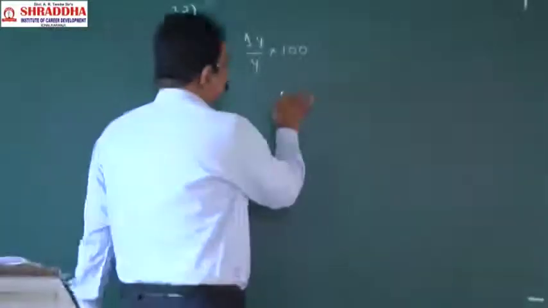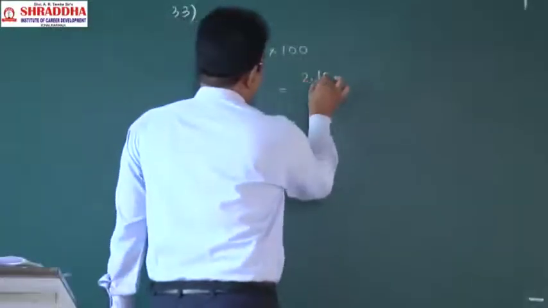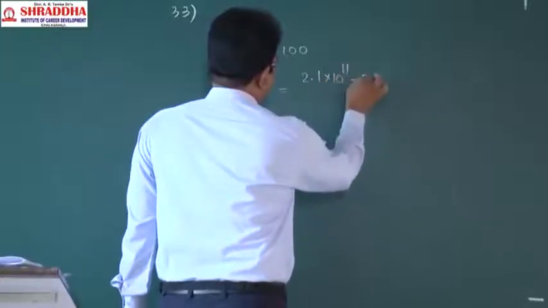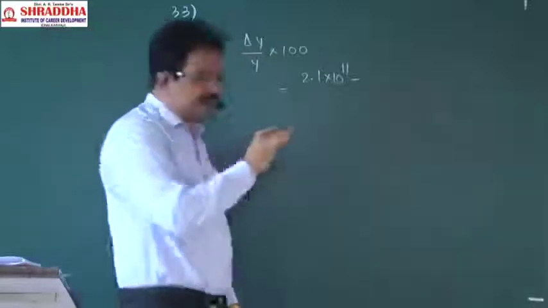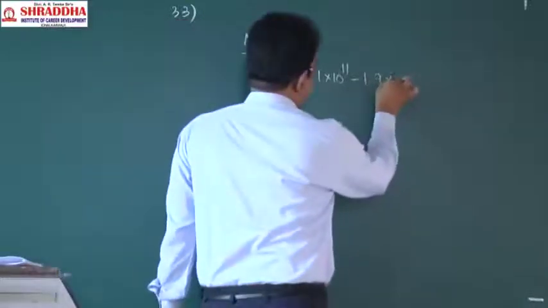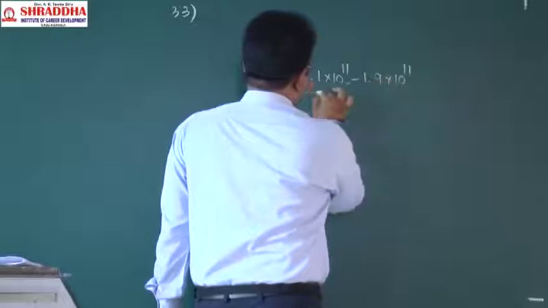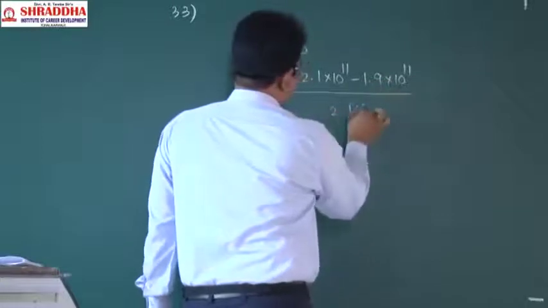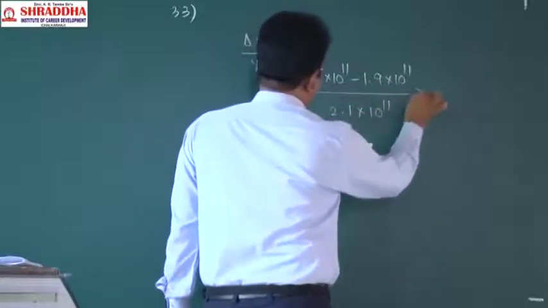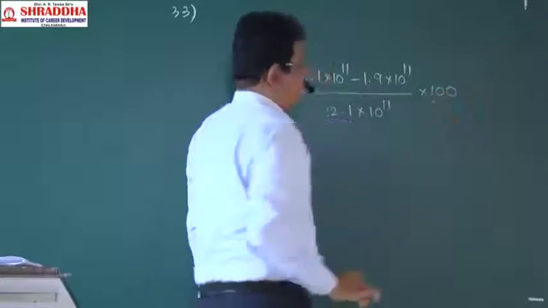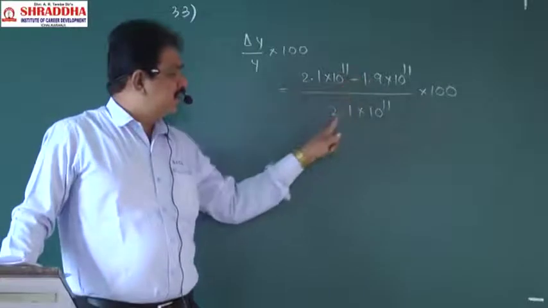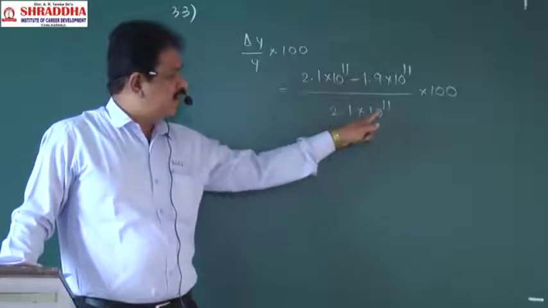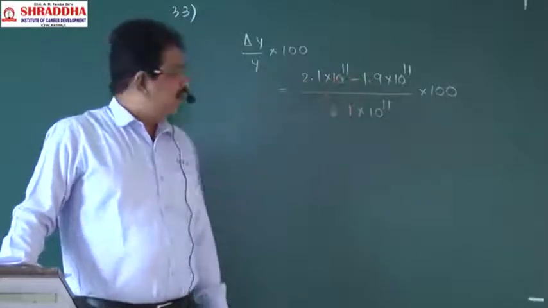So this value will be 2.1 into 10 power 11 minus 1.9 into 10 power 11 divided by 2.1 into 10 power 11 into 100. So change in the Young's modulus by actual Young's modulus into 100.